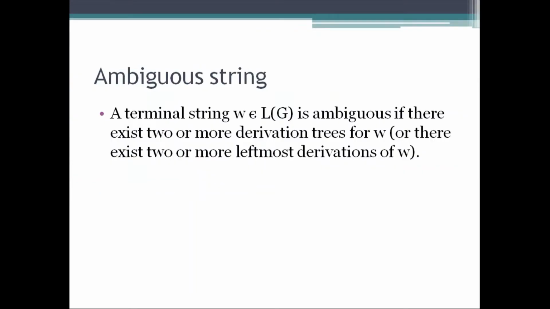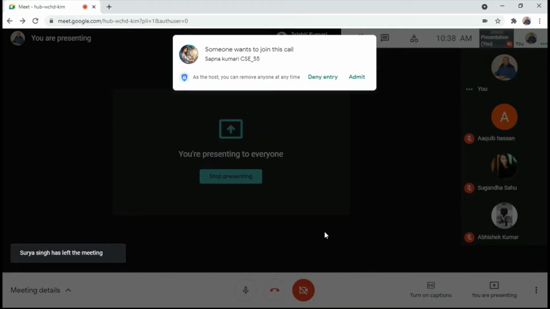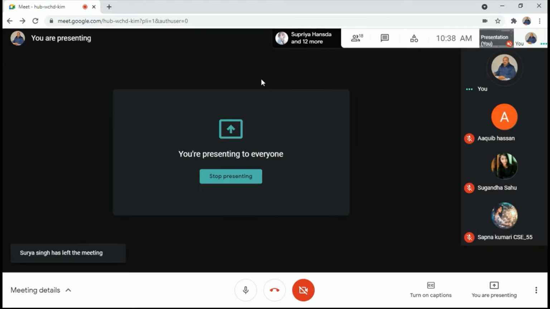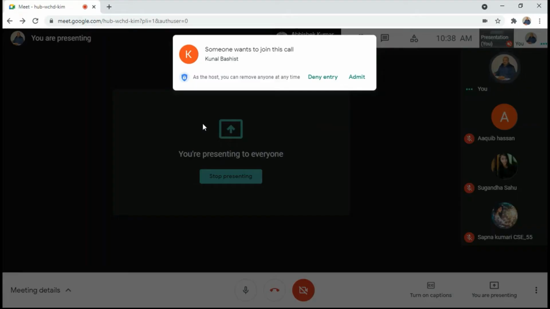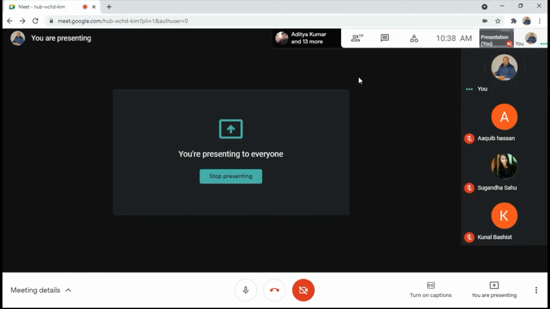So what do you mean by an ambiguous string? A terminal string W belonging to L(G) is ambiguous if there exist two or more derivation trees for W, or there exist two or more leftmost derivations of W. You know about the leftmost derivation? What do we do in leftmost derivation?